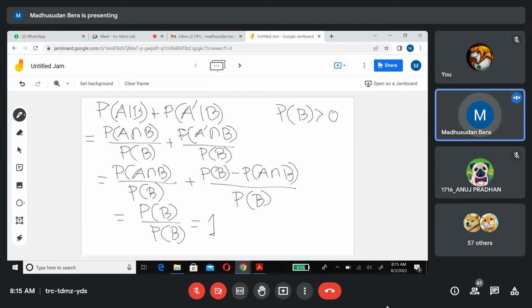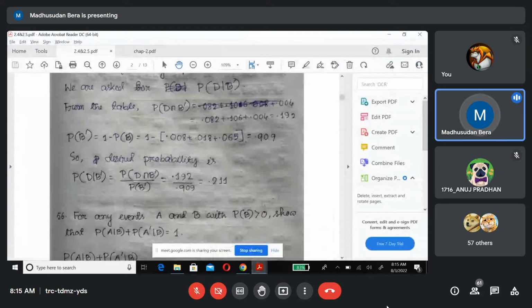When we write the tree diagram, these things are required. There may be another question here.